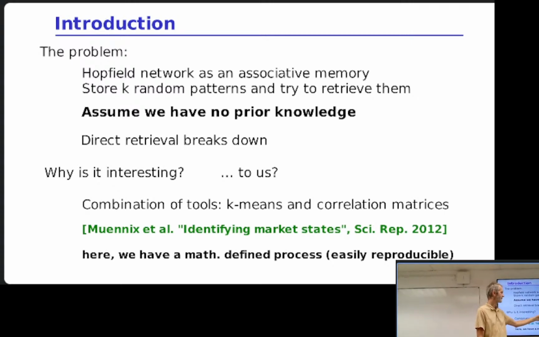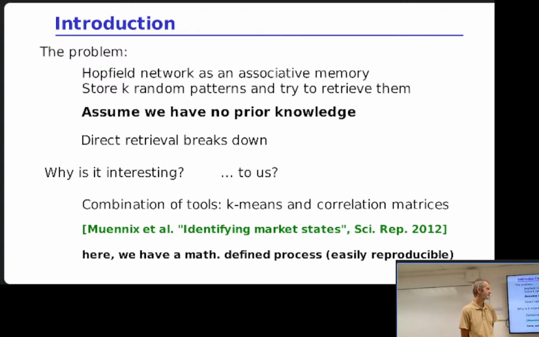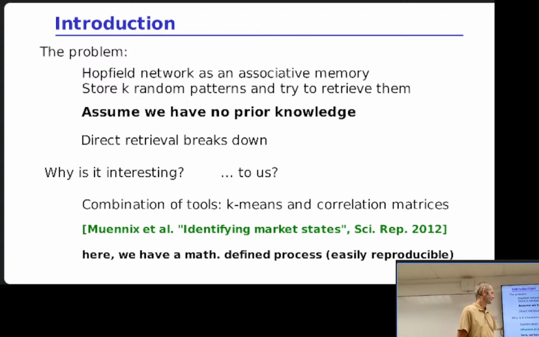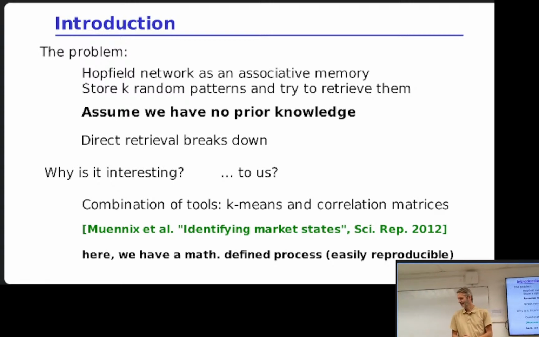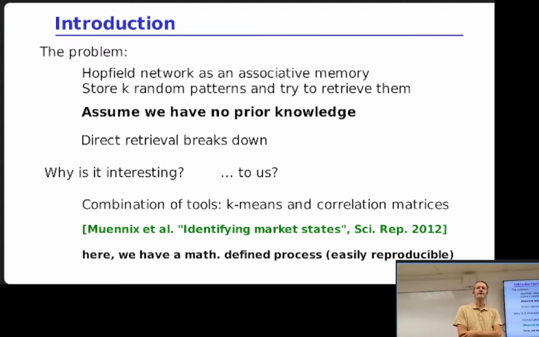For instance, this combination of correlation matrices and k-means clustering has been used to assign symbolic states to the evolution of an index of shares, the Dow Jones index, and the companies' stocks listed there.